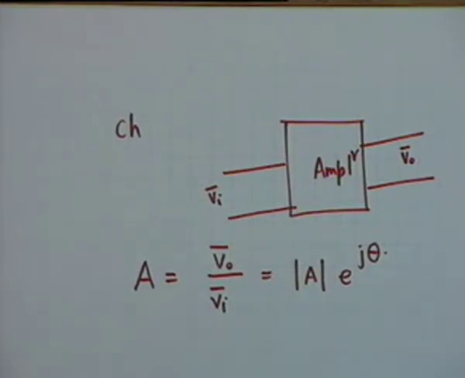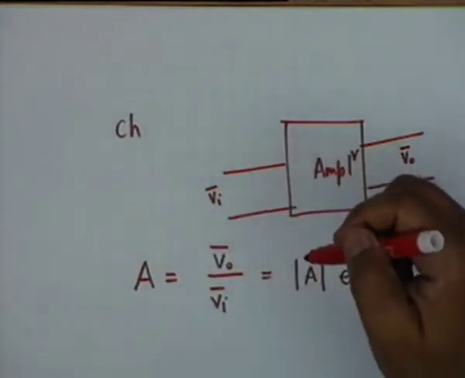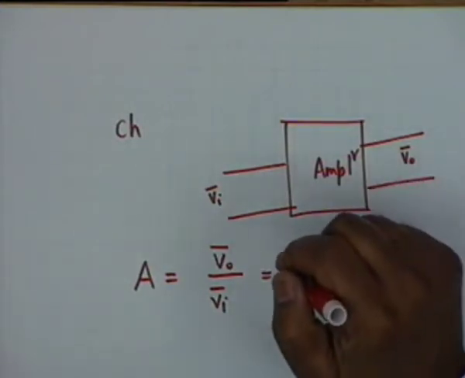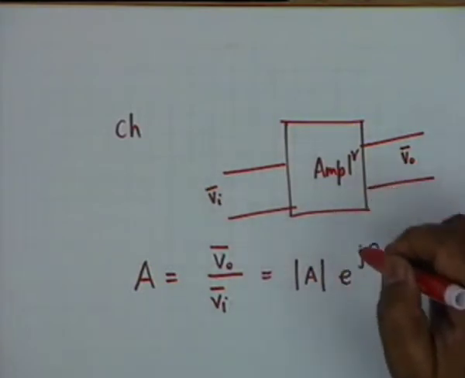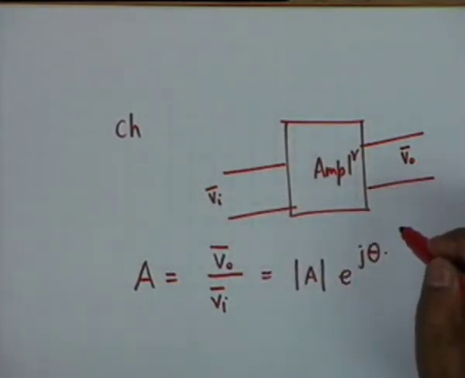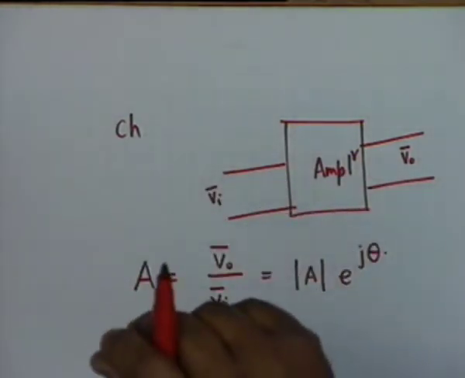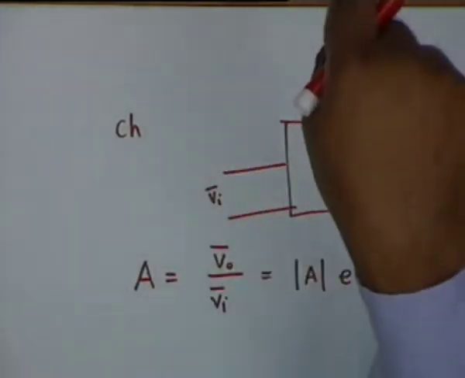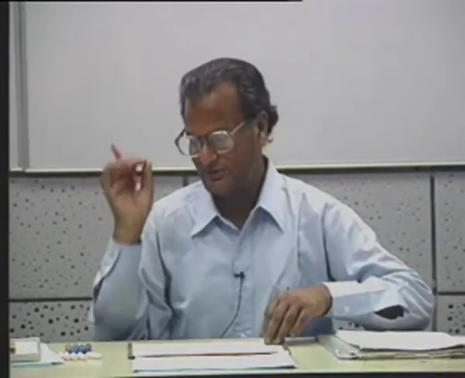If the gain, if the amplification is dependent on the size of the signal, then obviously equal increments of the input current may not lead to equal increments of the output current. If that does not happen, then you do not have good amplification.